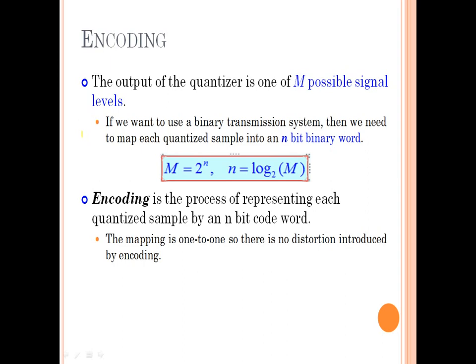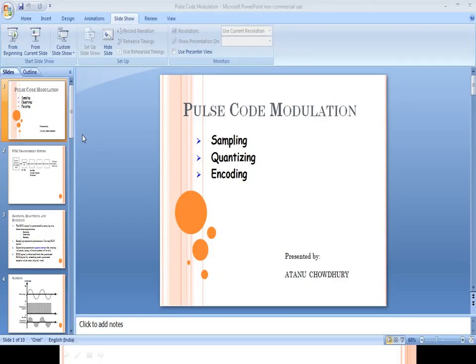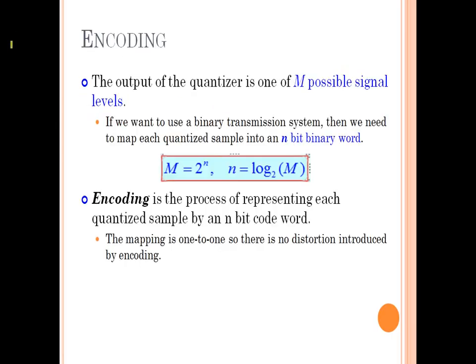Now this is the process of encoding. The output of the quantizer is one of m possible values. I already discussed that m equals 2 to the power n. So in that case 8 equals 2 cube, so n is 3.